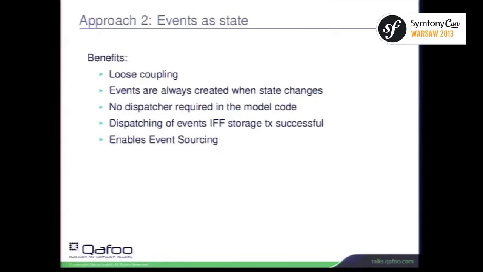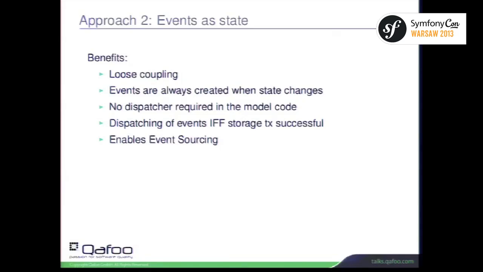And this way you have, again, the benefit of loose coupling, but you also have an additional benefit that the events are always created directly when the state changes that is relevant. And we don't really need a dispatcher in our code anymore. It's hidden somewhere in the persistence mechanism. When we save something, the events are also dispatched. So we're saving the state and all its events by triggering them.